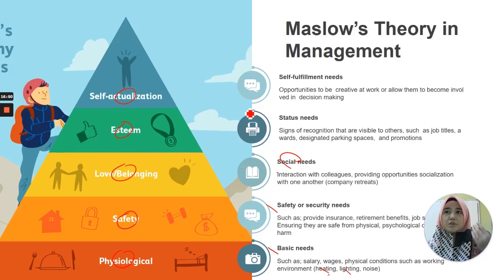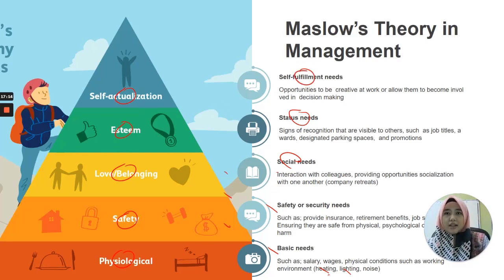After that, dia akan proceed kepada status need, di mana mereka perlukan recognition that are visible to others. Bila ketiga-tiga ni dah ada, dia akan perform dengan sangat baik. So after bila dia perform, dia nak ada recognition, ada tawaran kerja, tawaran kenaikan pangkat contohnya. Okay. And last is the self-fulfillment need.